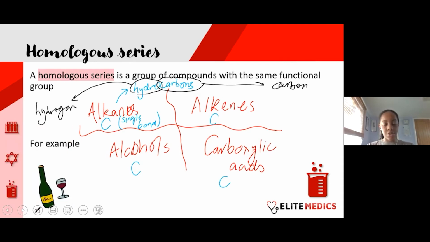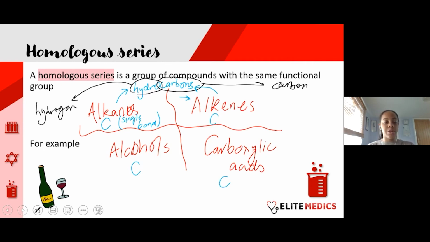So what I'm next going to focus on is our alkenes. Now, interestingly, like alkanes, alkenes are also hydrocarbons, all right? So they are also made of hydrogen and carbon, right? But they have a slight difference, okay?